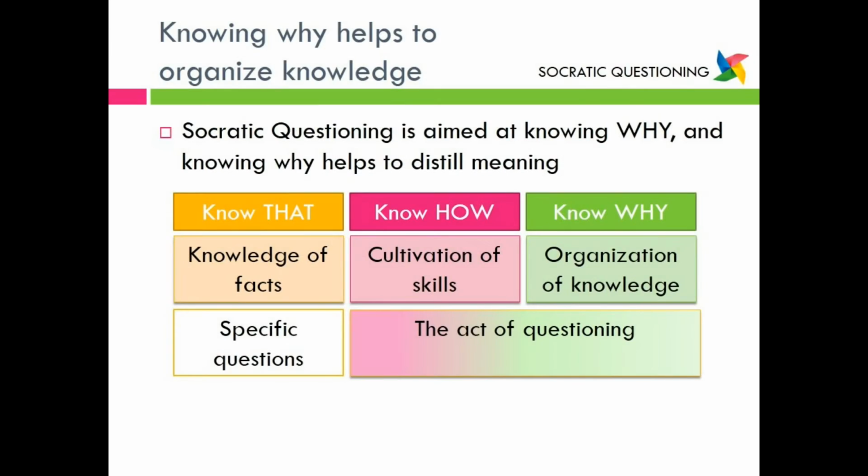And in order to appreciate that, we have to ask what Socratic questioning is ultimately aimed at. And at the end of the day, that's a very simple thing to say. Socratic questioning is aimed at knowing why.